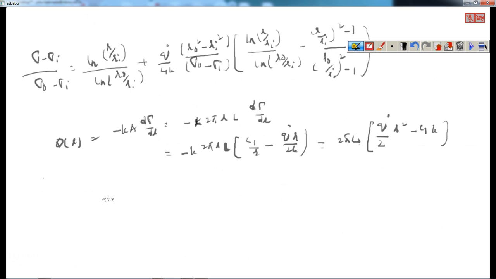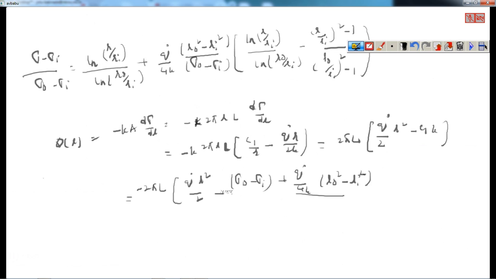And this equals minus 2 pi L into q dot r square by 2 minus T0 minus Ti plus q dot by 4K into ro square minus ri square divided by ln ro by ri into K, right? This is the equation, right?